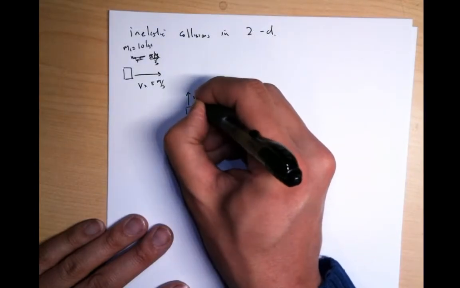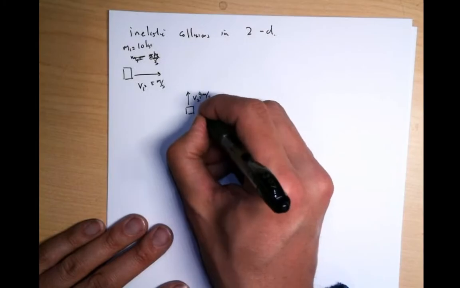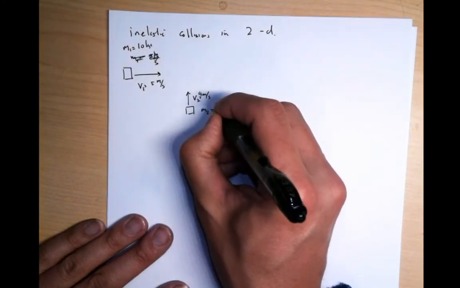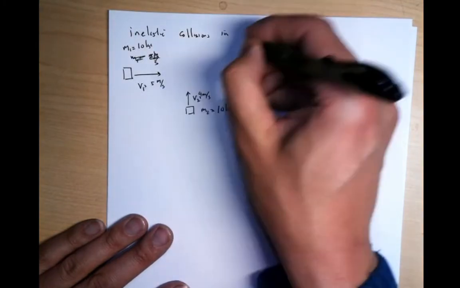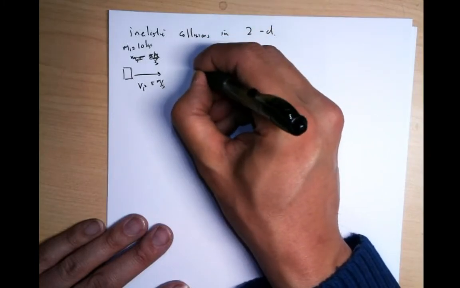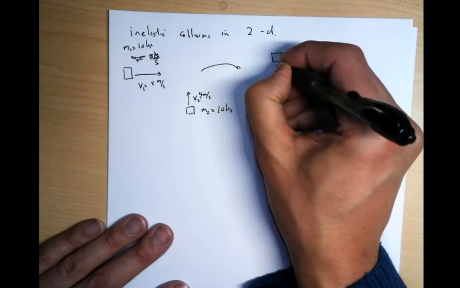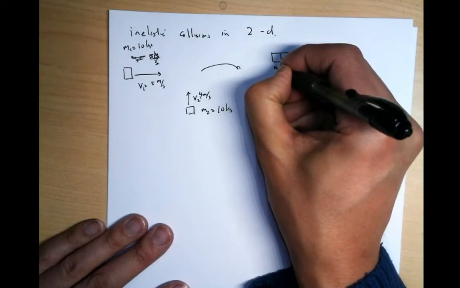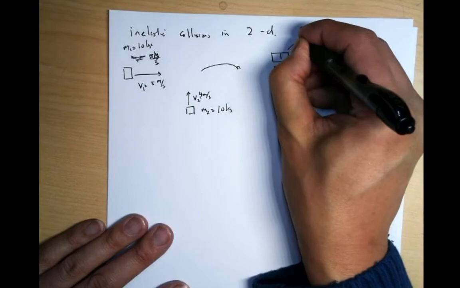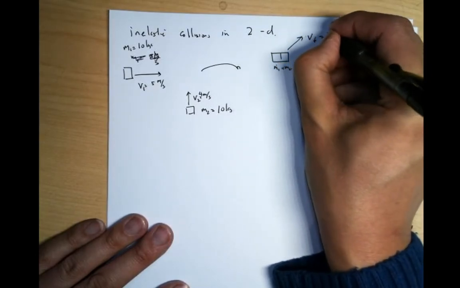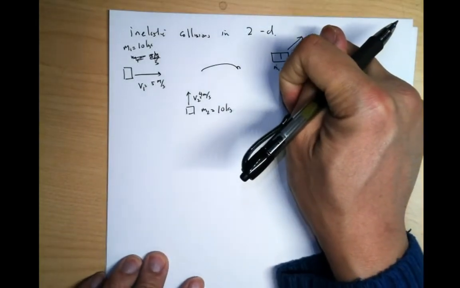V2 is equal to that, V1 is equal to that, and M2 is equal to 10 kilograms again. They're going to collide and stick to each other. So you have two masses, M1 plus M2, moving off at some final velocity, which I do not know. Let's go ahead and solve this.